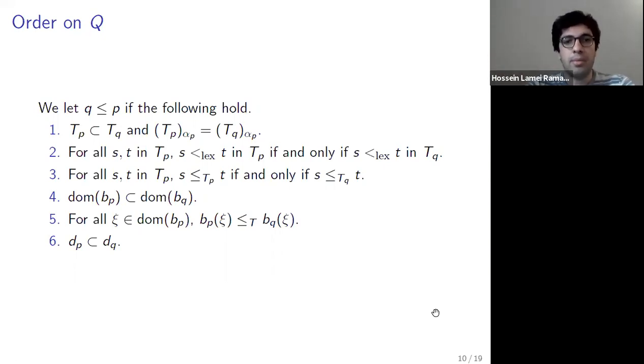It has the same elements, the same tree order, and the same lexicographic order. And we want the domain of BP to be a subset of the domain of BQ. So the domain is going to be bigger. And we also want this picture.